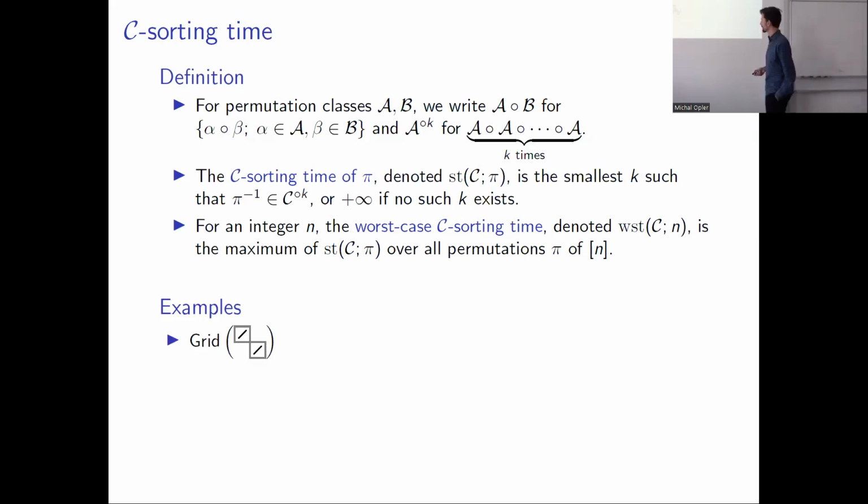So now it's the part where you practice what it means to compose with permutations in these classes. So for this class, what happens if I compose a permutation with a permutation from this class? Can you tell?